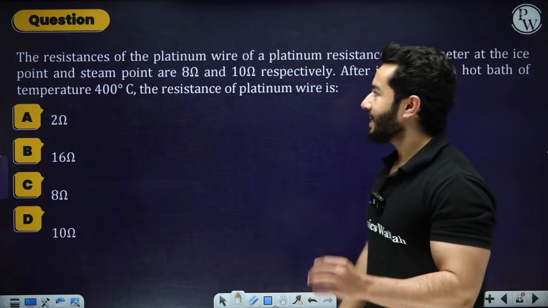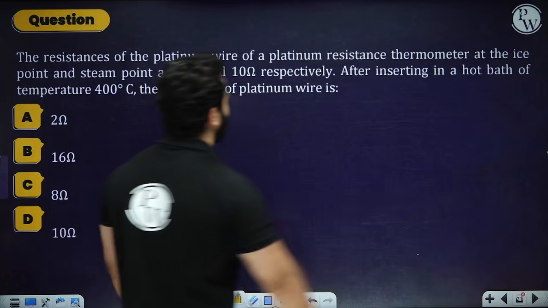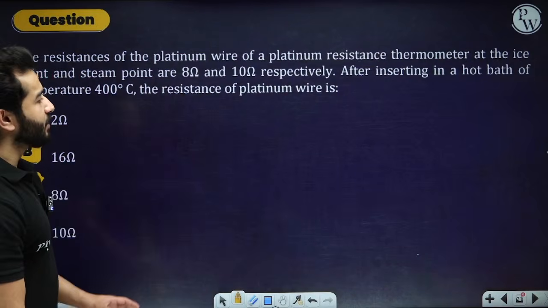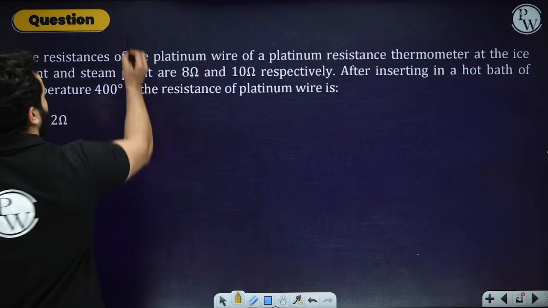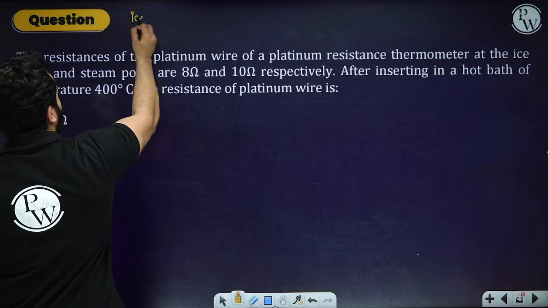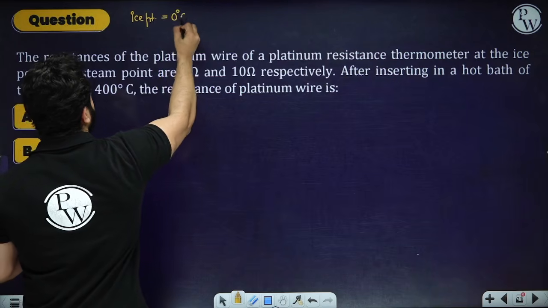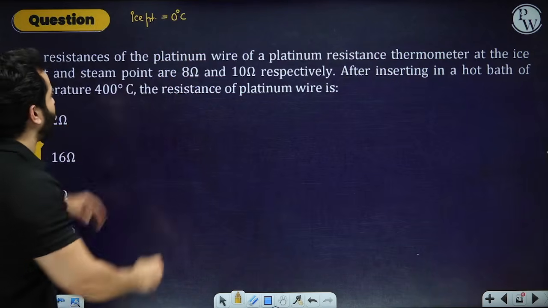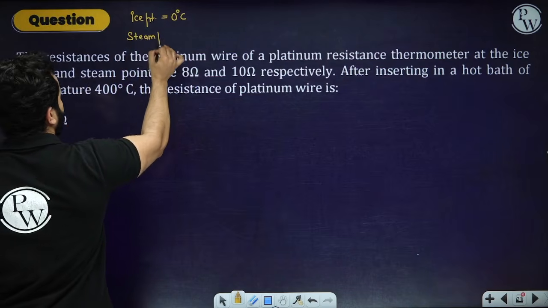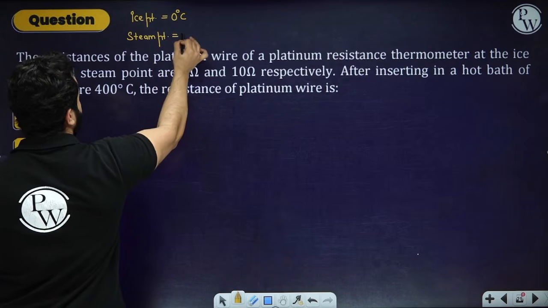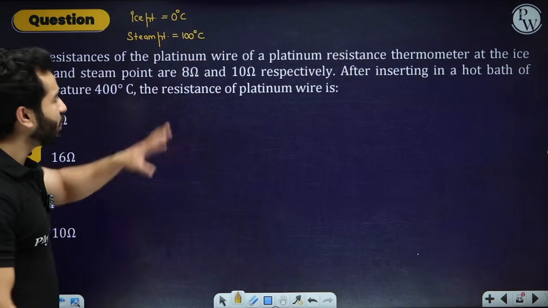Next question is saying the resistance of a platinum wire, platinum resistance thermometer, at the ice point. So what do you mean by ice point? Ice point is nothing but 0 degree Celsius, and steam point is 100 degree Celsius. They are 8 ohm and 10 ohm.